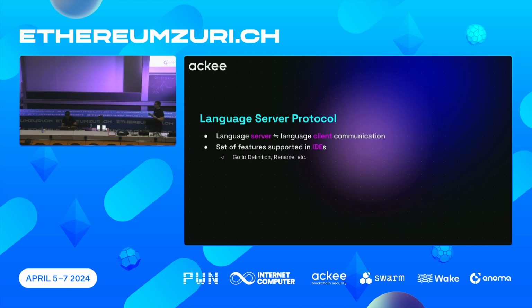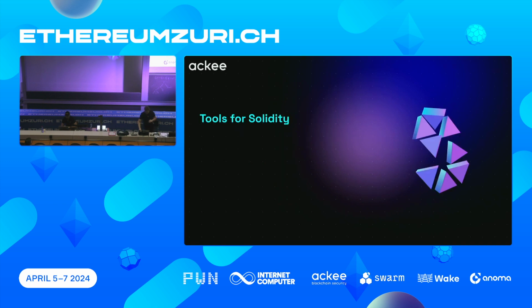Yeah, as I said, go to definition or rename. So it's possible to rename an identifier in the code, and it's renamed on all the occurrences that are present in the source code. There's the LSP specification. I won't open it. It's not that important. And why I'm talking about that is there's the extension Tools for Solidity, which is developed by Ackee Blockchain.